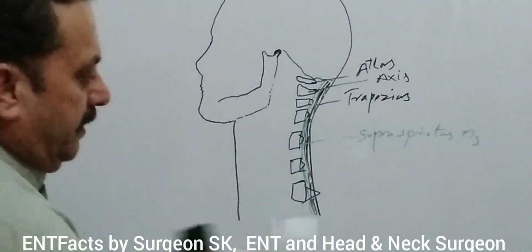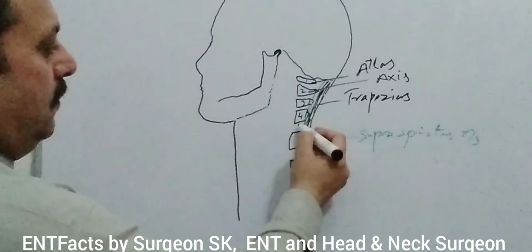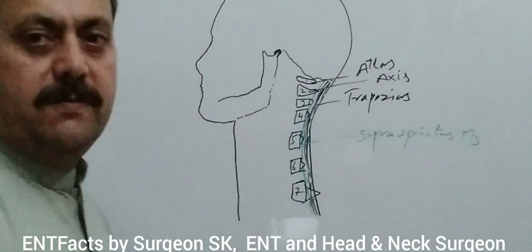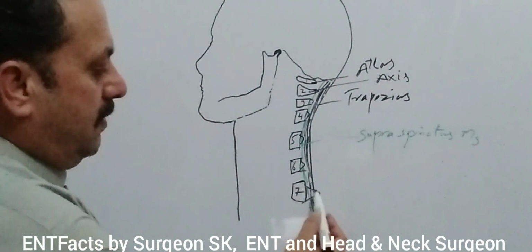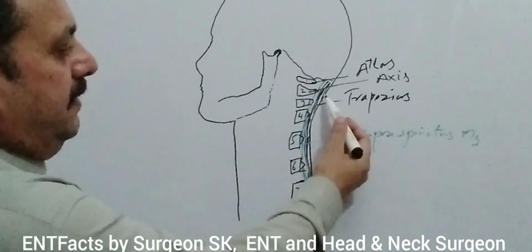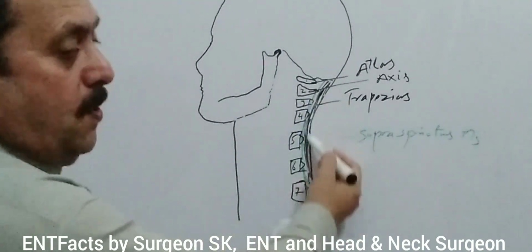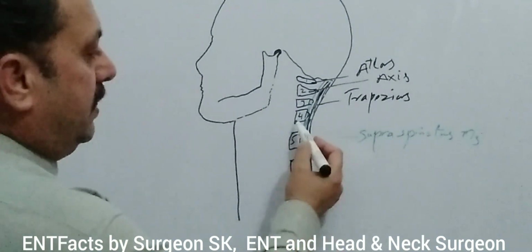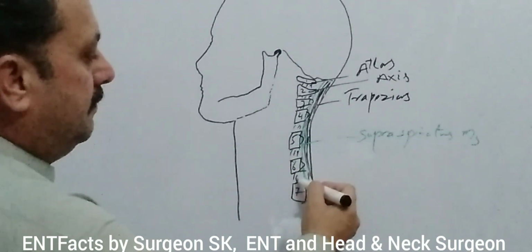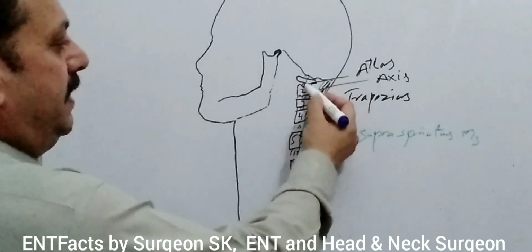Let me shorten it up to here. So this is the 7, starting from 1, 2, 3, 4, 5, 6, 7th. The 7th cervical vertebra is identified by this longer spine. This is the vertebral column. Starting from behind, the skin, the trapezius muscle, the supraspinatus muscles, the bones of the vertebrae, intervertebral discs, now inside this vertebral column is the spinal cord.